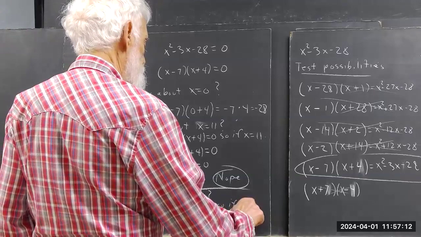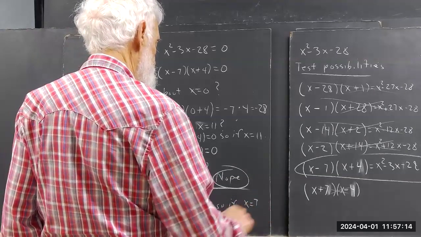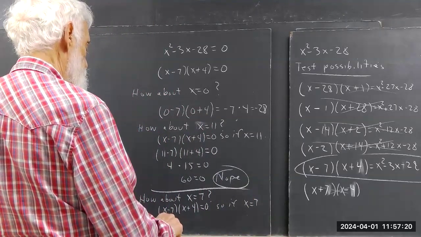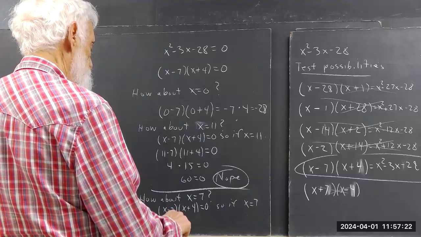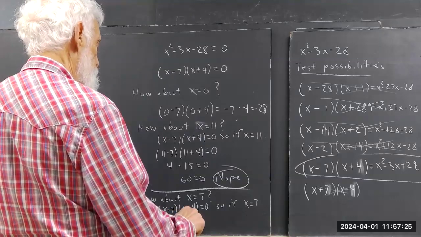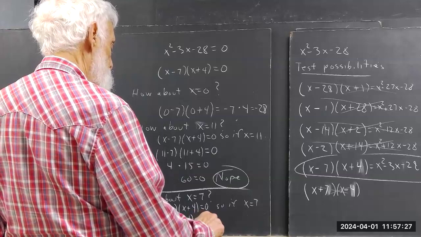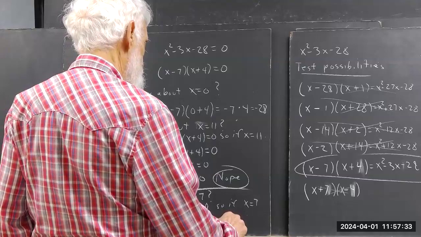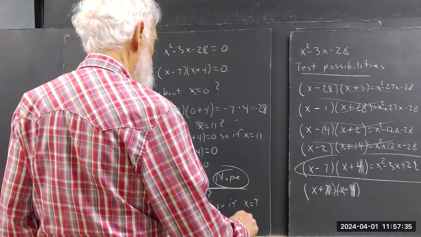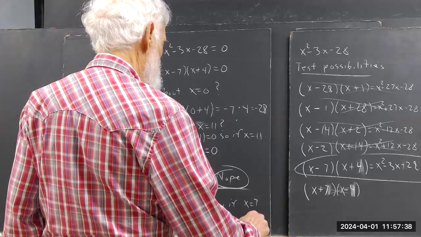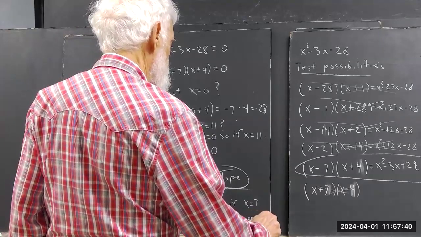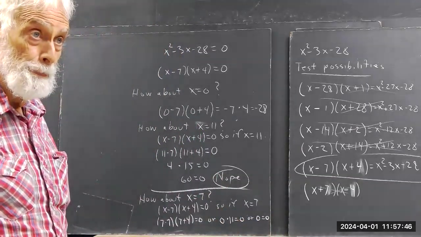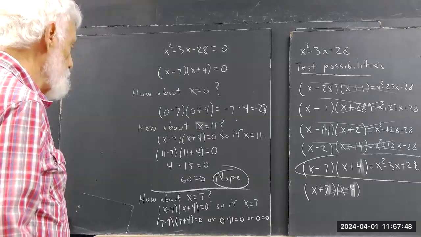So if X equals 7, we get 7 minus 7 times 7 plus 4 equals 0, or 0 times 11 equals 0, or 0 equals 0. Now you can write these out in steps below. You don't have to write all these ors. Matter of fact, I should probably write it out that way.